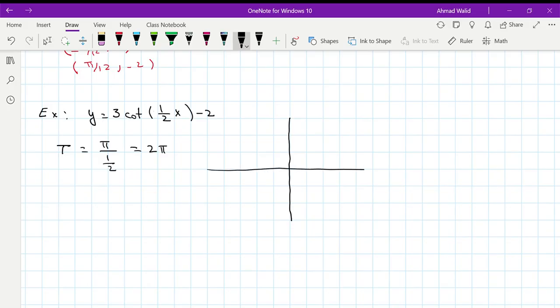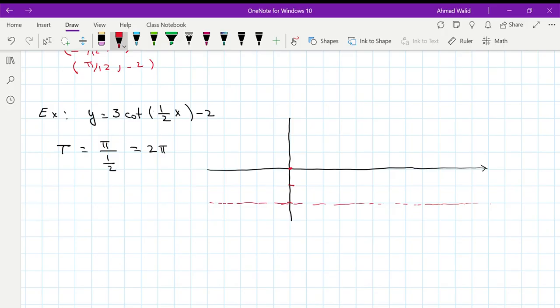Please focus here. First, vertical shift, negative 2 means down 2. This is my new x-axis. This is my vertical shift. Now, period.